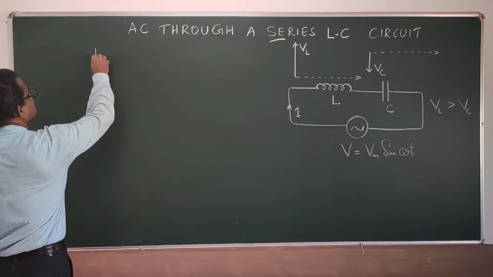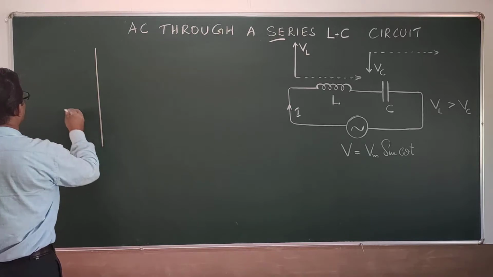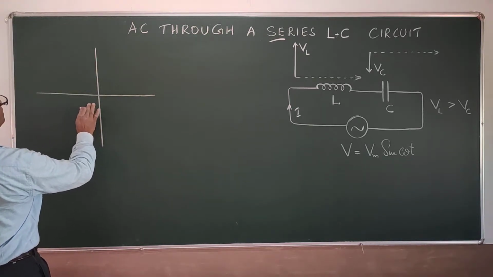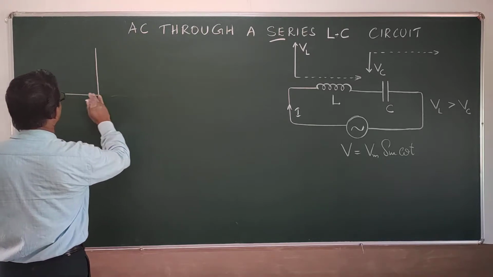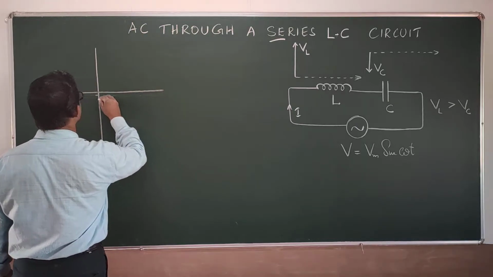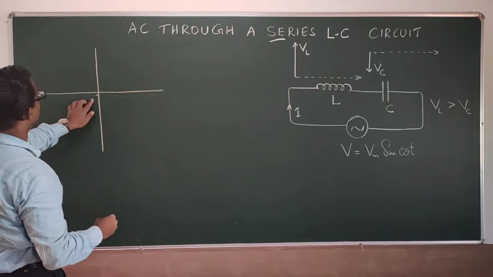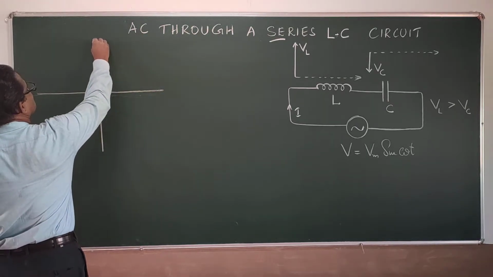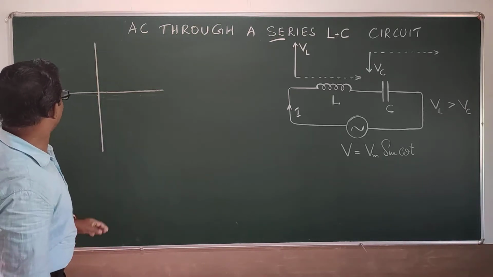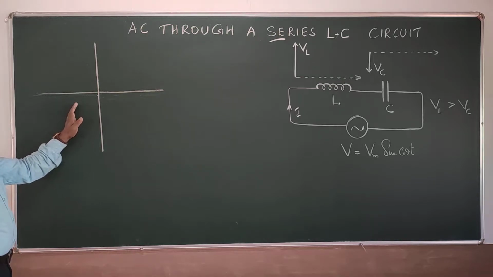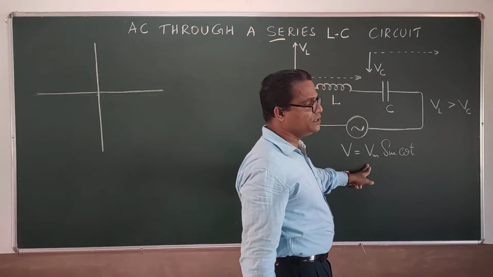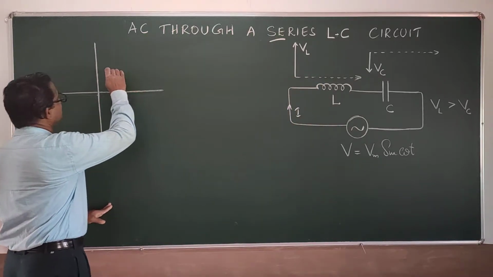When I draw the phasor diagram for this one, it is very important to note that VL is greater than VC. When you draw the phasor diagram for the quadrants, I want Vm sin omega t to be in the first quadrant.